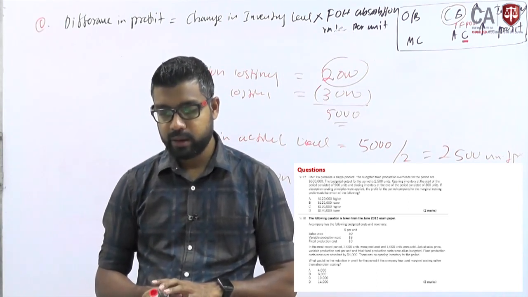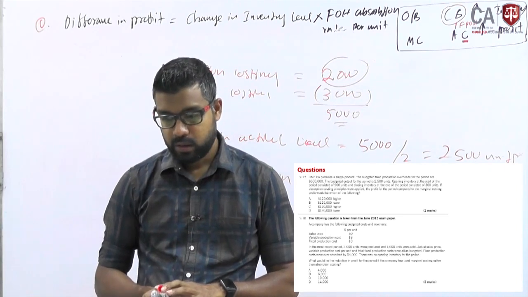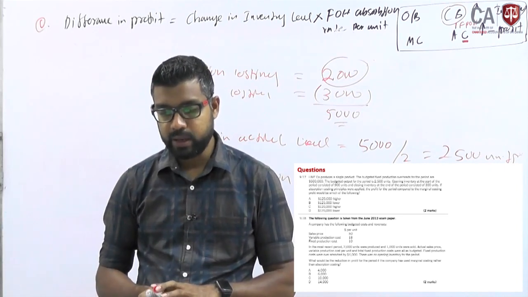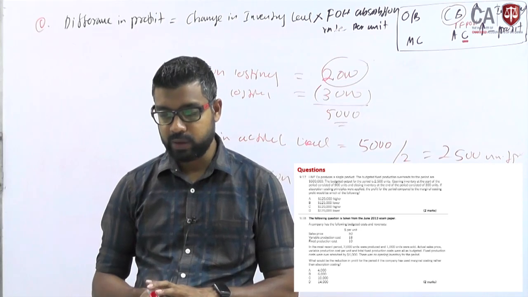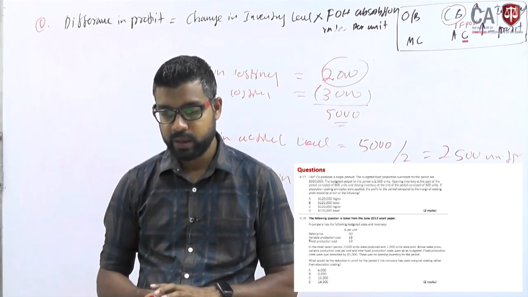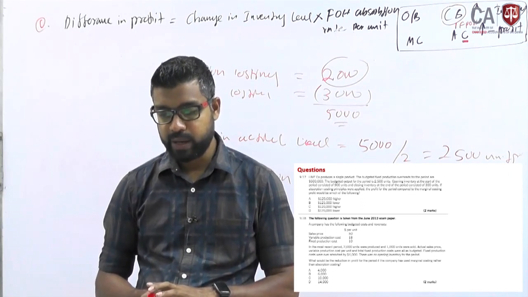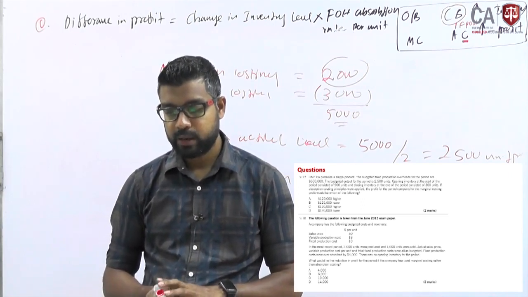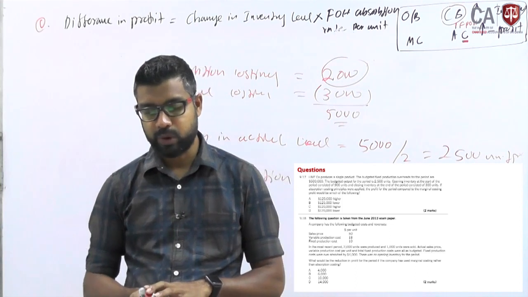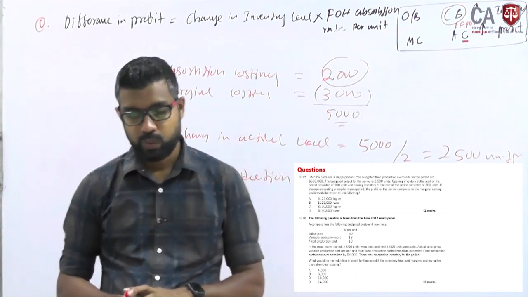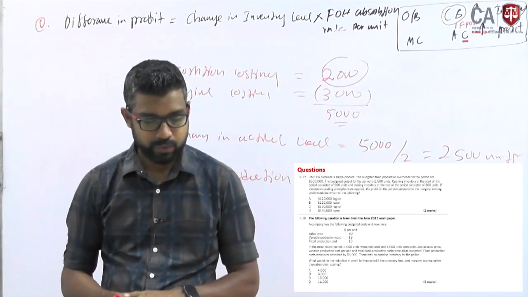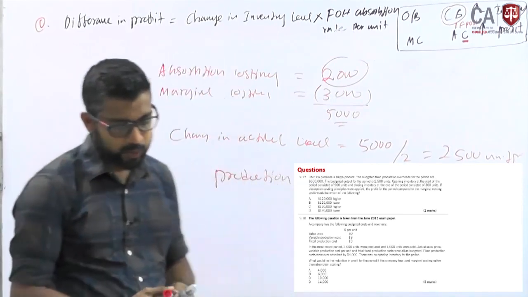Opening inventory at the start of the period is 900 units and closing inventory at the end of the period is 300 units. If absorption costing principles were applied, profit for the period compared to marginal costing profit would be which of the following? Change in inventory, how much?